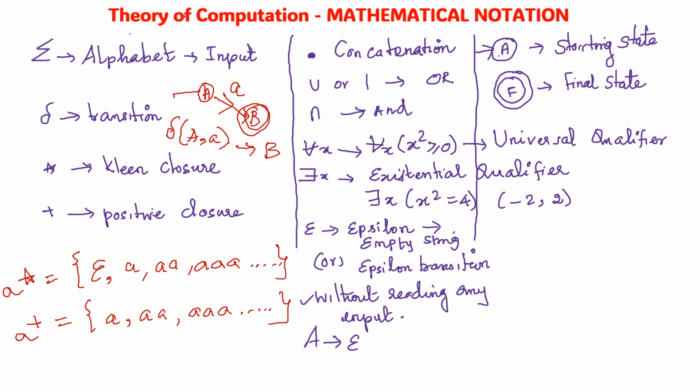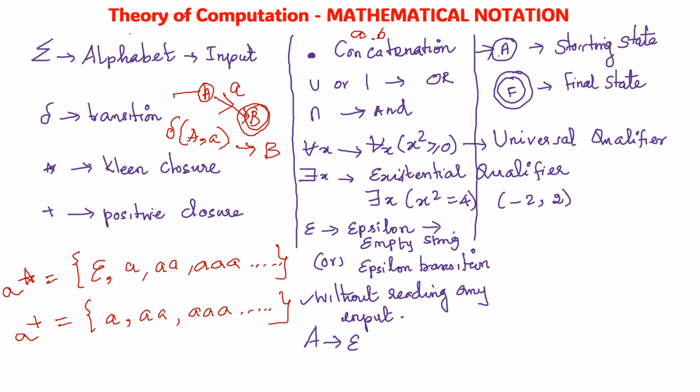Next we can use concatenation, where we concatenate two values, for example A dot B. And union means either or, we can use either or options. And if both conditions are true, that time we can use and. We can also say for all x, that is the universal quantifier.